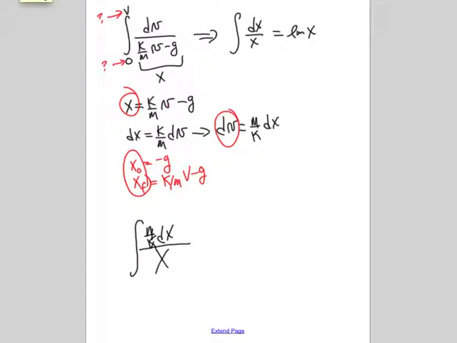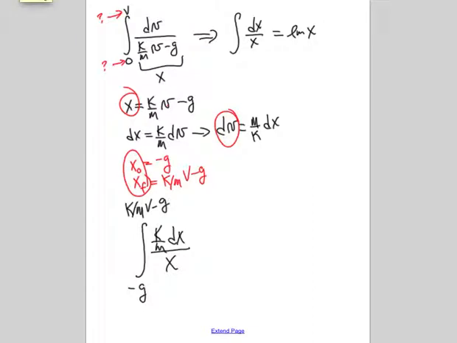That's actually kind of messy. Let me rewrite that. It is the integral of m over k times dx divided by x, and our limits of integration are from minus g to k over m v minus g.